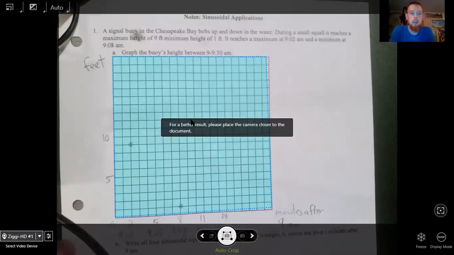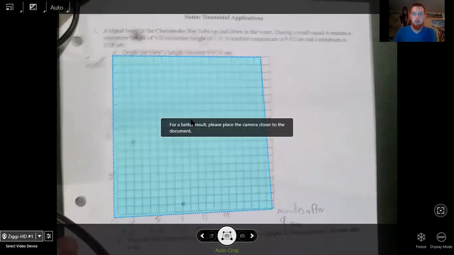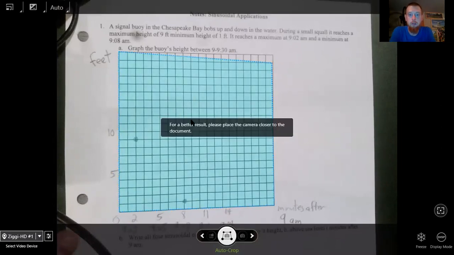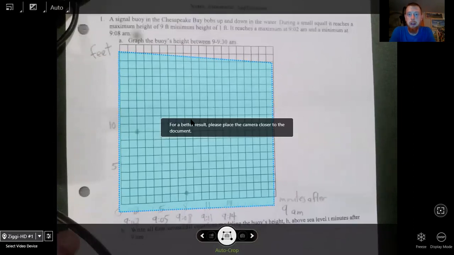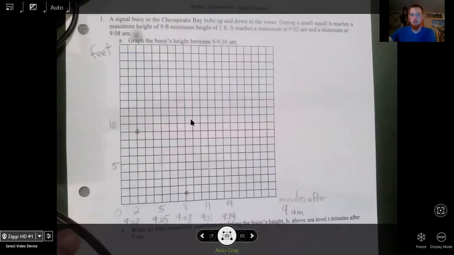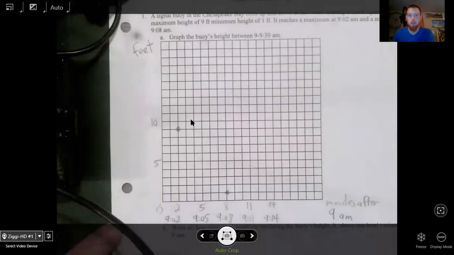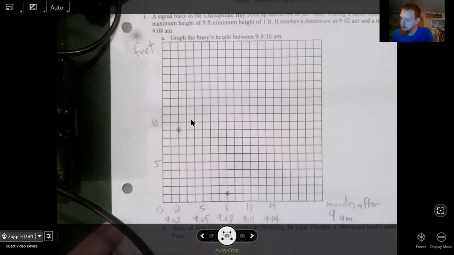All right, a signal buoy in the Chesapeake Bay bobs up and down in the water. During a small squall, it reaches a maximum height of 9 feet and a minimum height of 1 foot. It reaches a maximum at 9:02 a.m. and a minimum at 9:08 a.m. So I've already put 2 of these points on here. I've labeled the axis as feet.